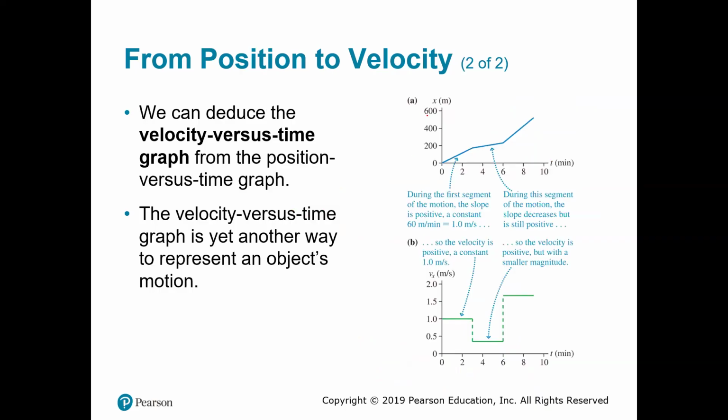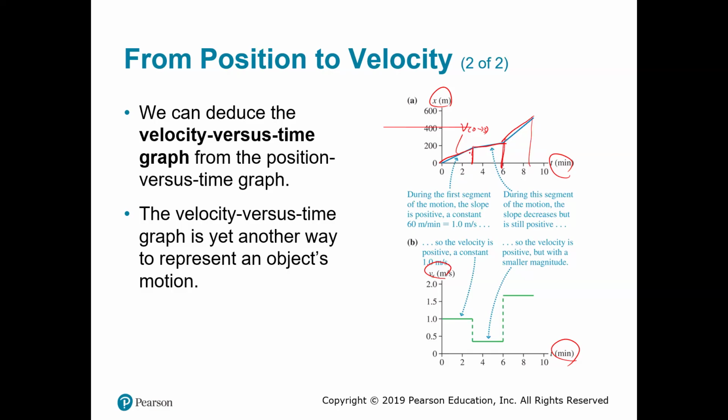So you can also convert the xt graph to a vt graph. For the first 3 minutes, this is your slope, and this is your velocity from 0 to 3 minutes. The next line is your velocity from 3 to 6 minutes, and then your velocity changes again from 6 to 9 minutes.